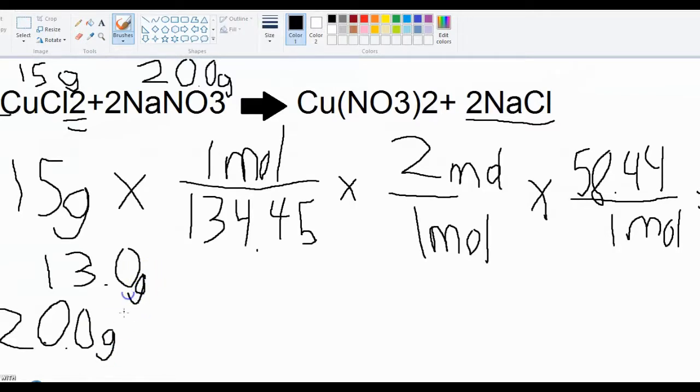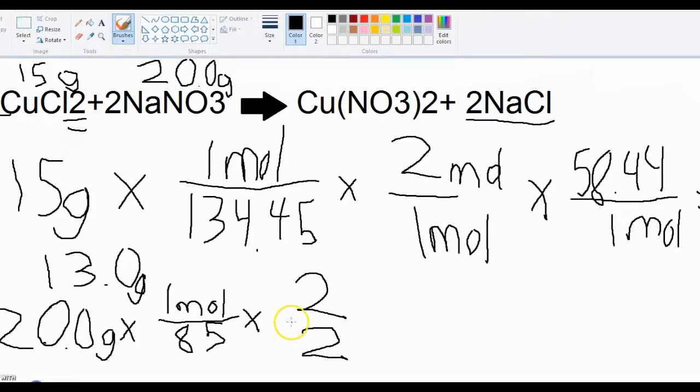Times 1 mole, and then we need the molar mass of sodium nitrite, which is going to be 85, times again the mole ratio, which is going to be 2 over 2.